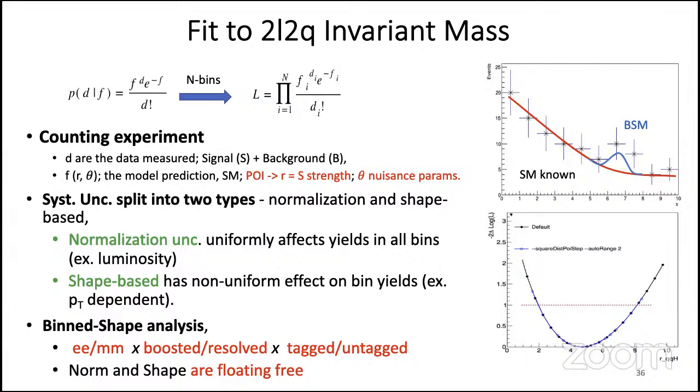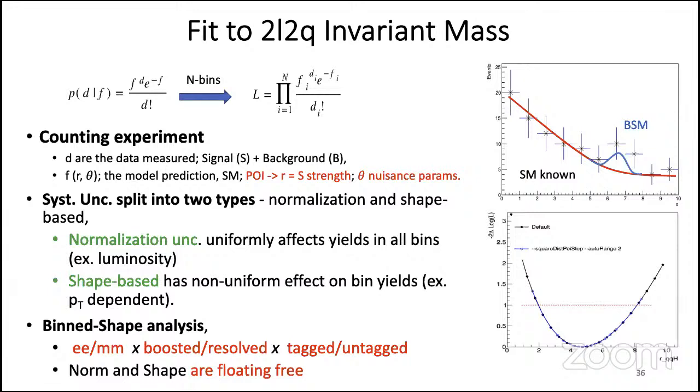This F function depends on two kinds of parameters, the parameter of interest and the nuisance parameters. When we fit the data, we try to minimize this likelihood function to find the parameter of interest, which is a measure of how separated the new physics is from the standard model background. And the nuisance parameters are basically systematic and statistical uncertainties.